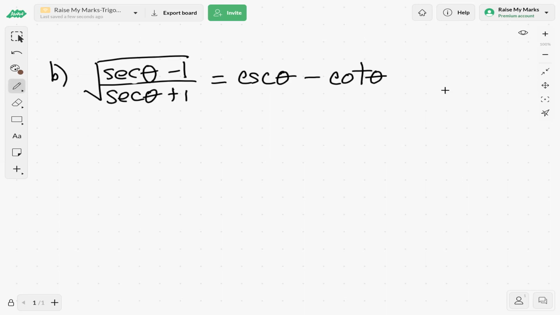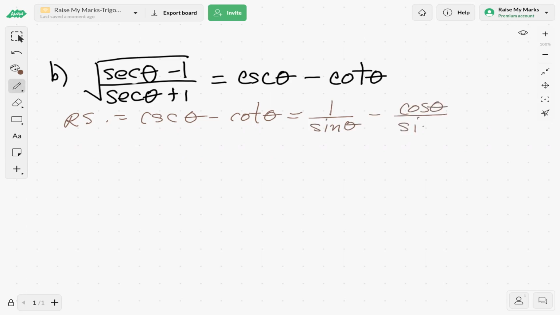So whenever we have cosecants, cotangents, and secants, the first thing we want to do is change everything to sines, cosines, and tangents. So the right-hand side becomes 1 over sine theta minus cos theta over sine theta.